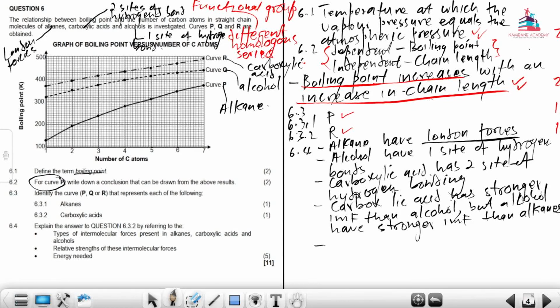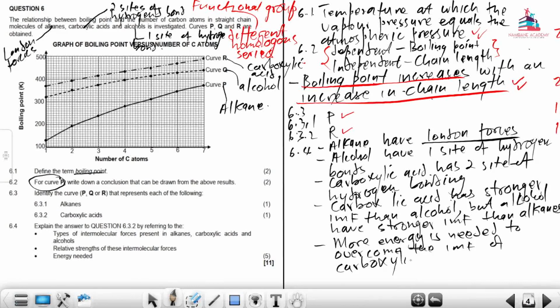So more energy is needed to overcome the intermolecular forces of carboxylic acids than the two other compounds. That is how you get your full 5 marks.